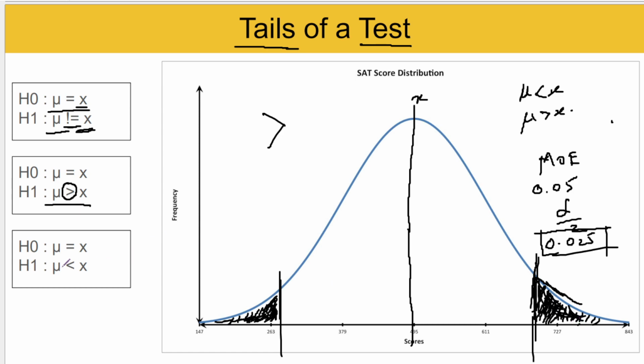In the case of less than x, my alternate hypothesis is that my mean is less than x. In that case, I can say this is my rejection area. So this is my less than, this is my greater than. Okay, this is just for your understanding. We'll review it later also. Is that clear?